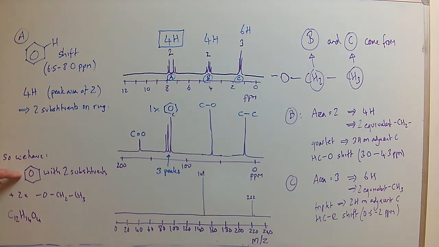So here, that is going to be C6H4, because if we've got two substituents there's just room for 4 hydrogens on there, and that gives you C4H10O2, because we've got 2 of them, and if we add those up we've got C10H14O2, and that leaves 2 carbons and 2 oxygens left over.